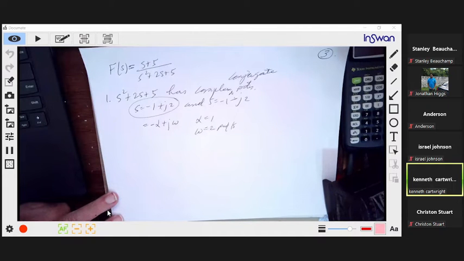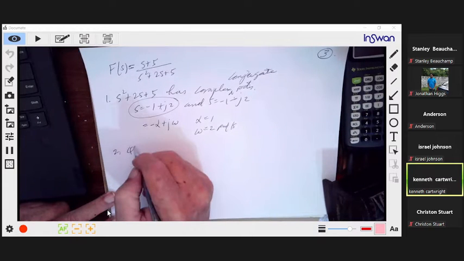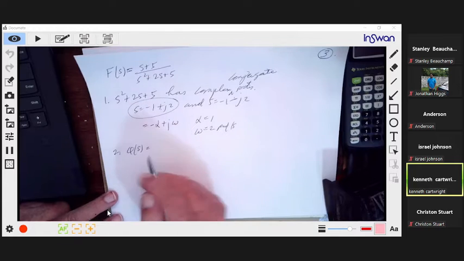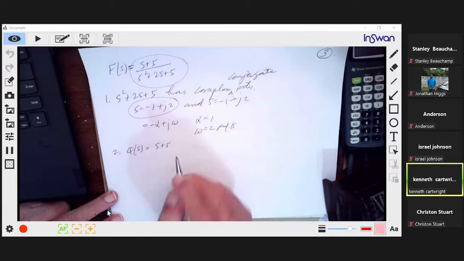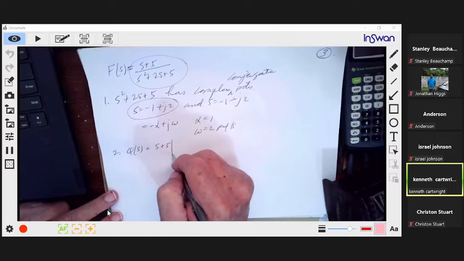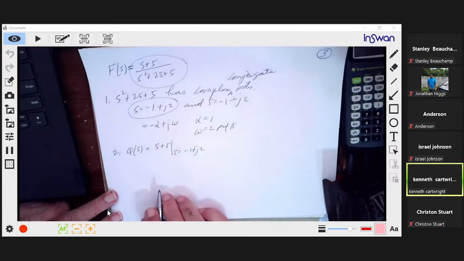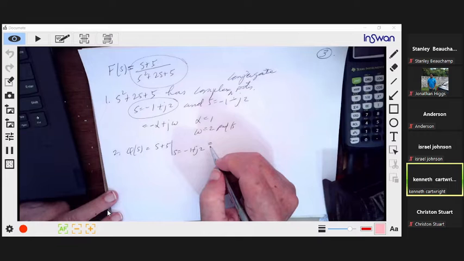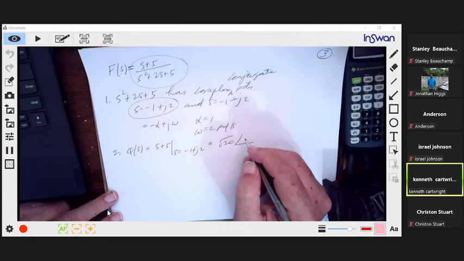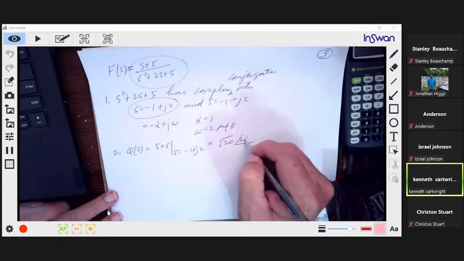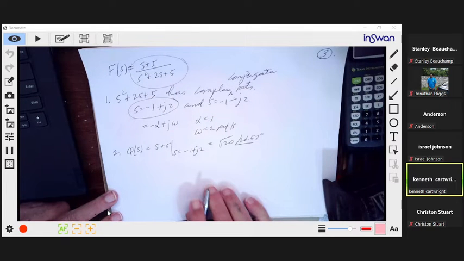This is case 3. Once we can find Q of S, and Q of S is everything except the quadratic, so that's S plus 5, we evaluate Q of S at S equals -1 plus J2. When we do that, we find it is in fact the square root of 20 at 26.57 degrees.